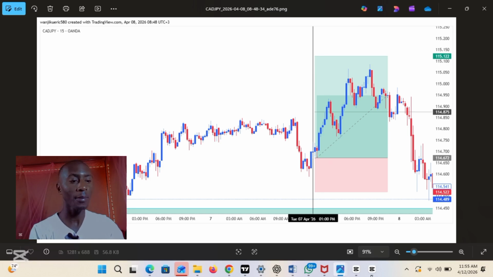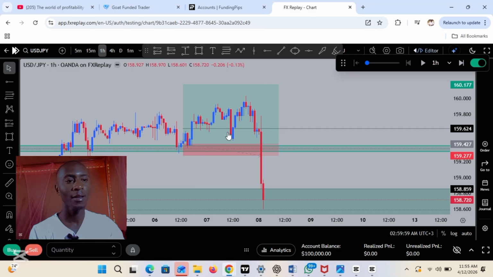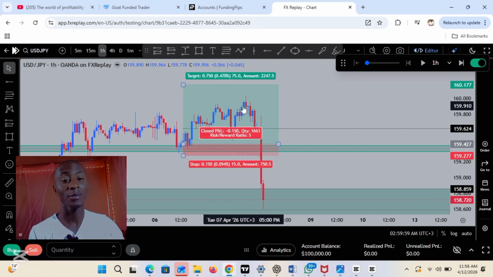Something else I forgot to mention about this trade: at this point I was tempted to close that trade with a risk reward ratio of 1:3, so I can save that 15 pips account, because at this point I was floating at about 4%, which would have saved that account.